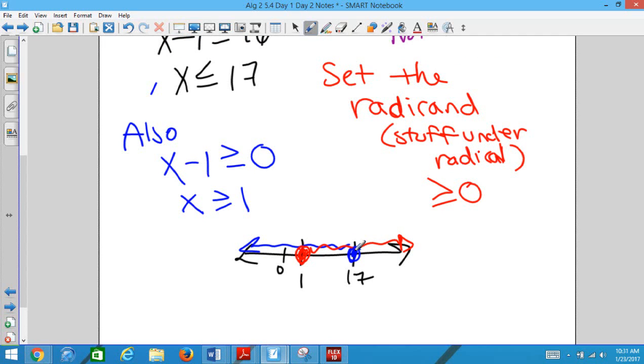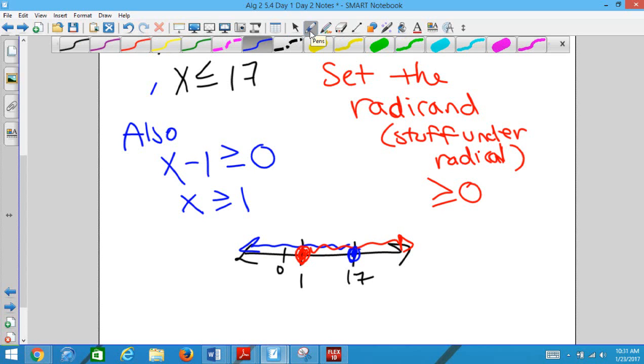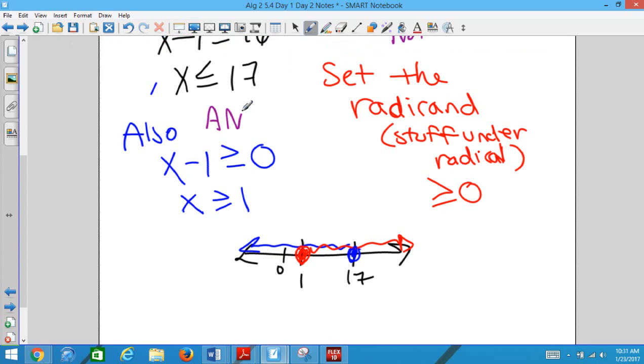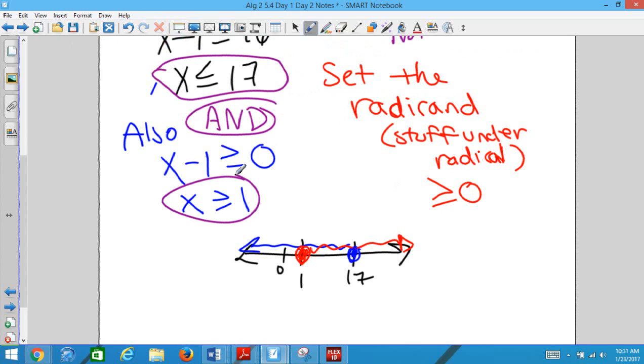When I say the word and, it has to be both of these. You look at my picture, where are both graphs? Between 1 and 17.